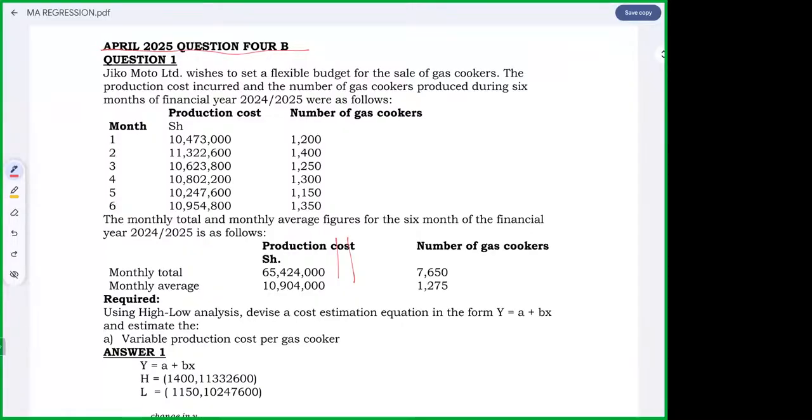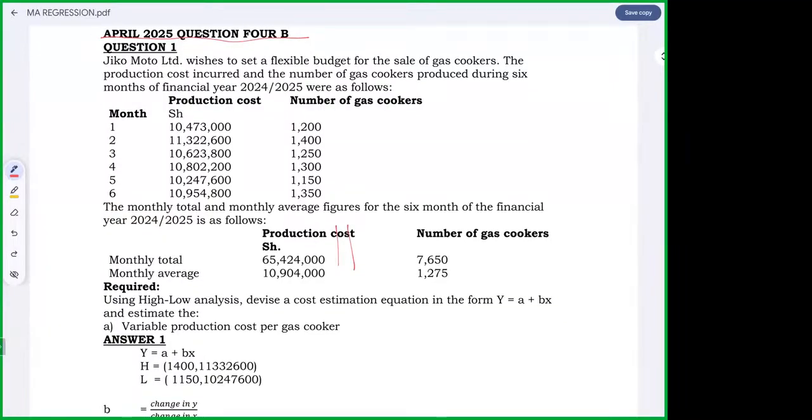I hope you are able to see the screen very well. We are told that the company wishes to set a flexible budget for the sale of gas cookers. The production cost incurred and the number of gas cookers produced during the 6 months of financial year 2024-2025 were as follows.